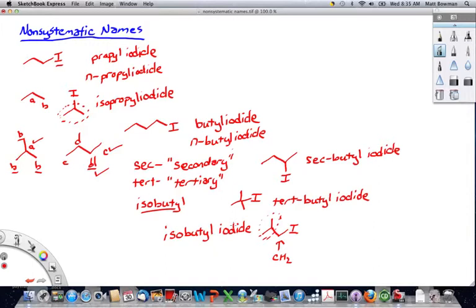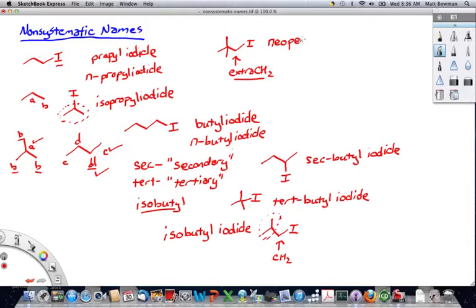Okay. If we put an extra CH2 at the tert-butyl side, so we have a tert-butyl group here, then we have the extra CH2. We get another very, very important chain.